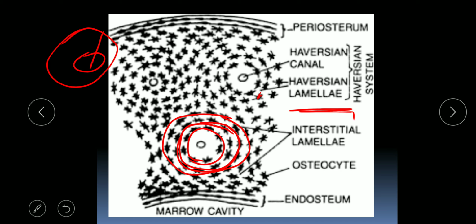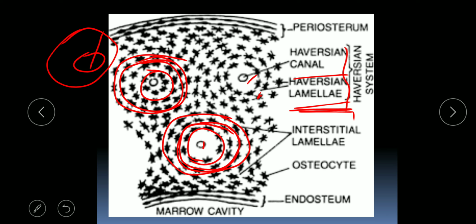Then the central part is known as the Haversian canal, and this is known as the Haversian system, including the Haversian canal and the Haversian lamellae. What is Haversian lamellae? The space between the concentric rings has a layer of matrix known as lamellae or Haversian lamellae.